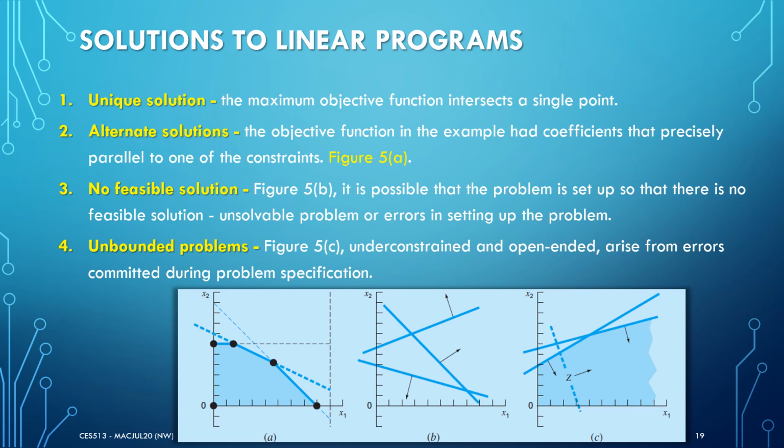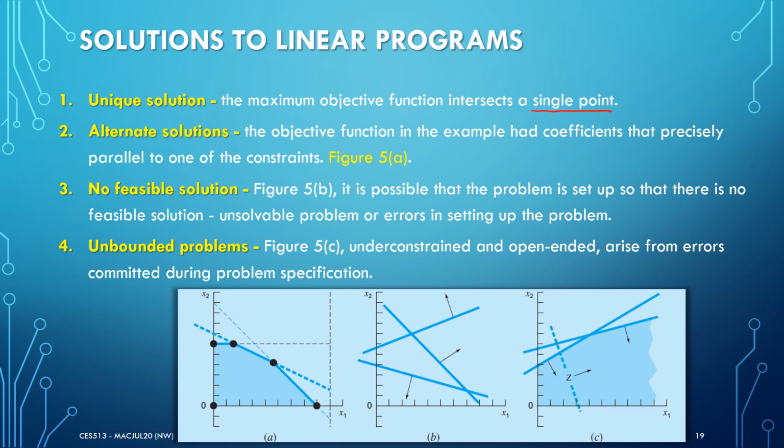Okay, there are 4 possible outcomes or solutions that can generally be obtained in linear programming problems. The first one is the unique solution, the one that we obtained from the previous example. This is where the maximum objective function intersects a single point.